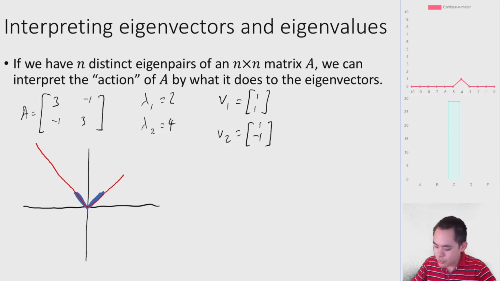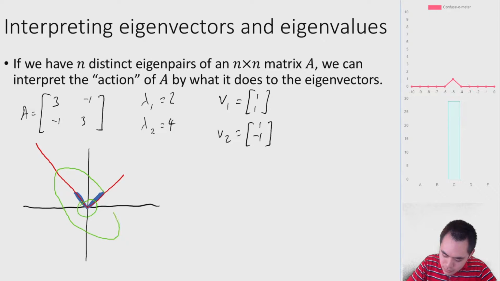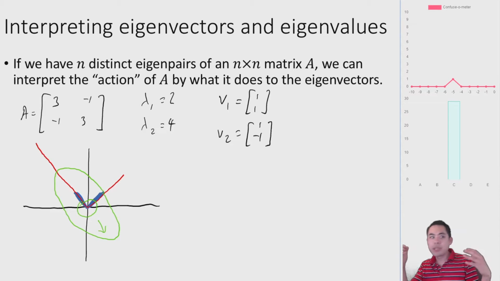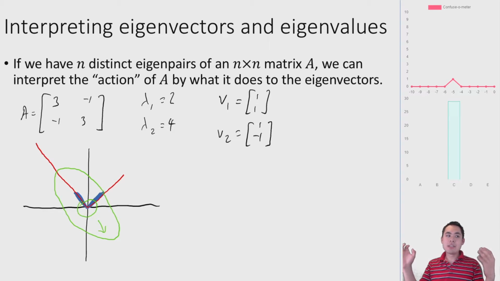So if you started out with some circle, this is going to scale it out into this big oval. So we can still understand this transformation because we have this different set of axes, where instead of using the normal axes, you can see the scaling by using the eigenvectors as your axes instead of your original axes.